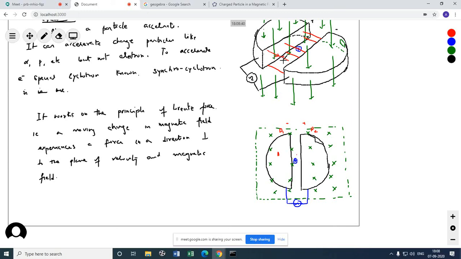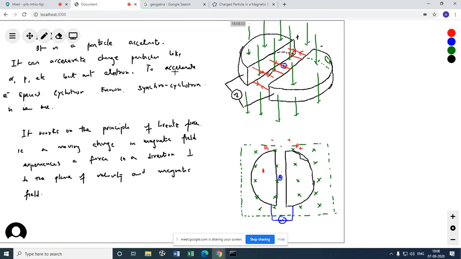The direction switches, so I am giving two arrows here. Because it's oscillating, the polarities of the two Ds oscillate. Sometimes D1 will become positive and D2 negative, so the electric field also switches, right?